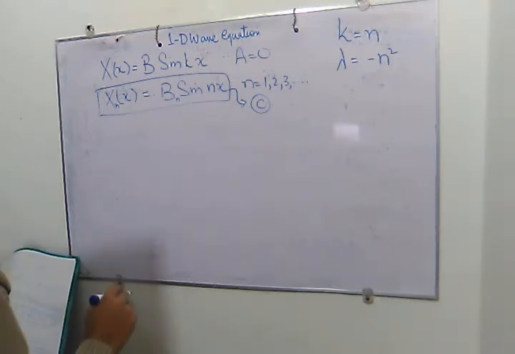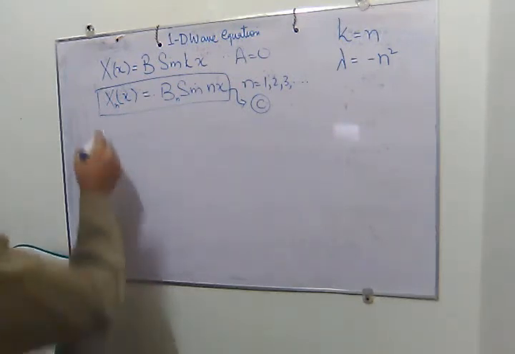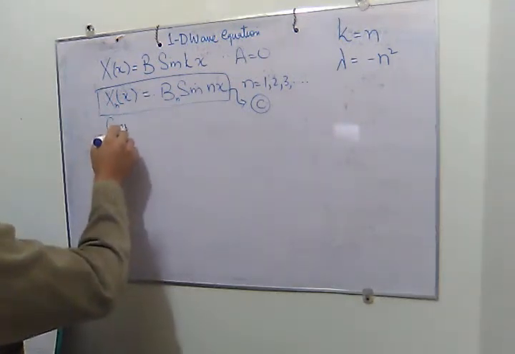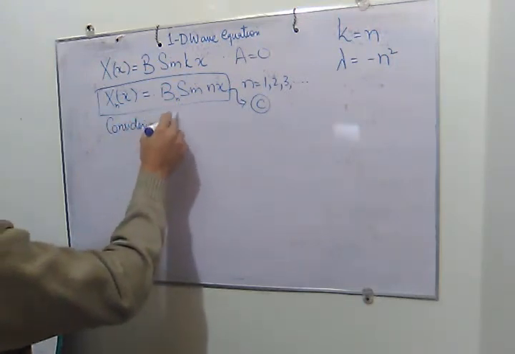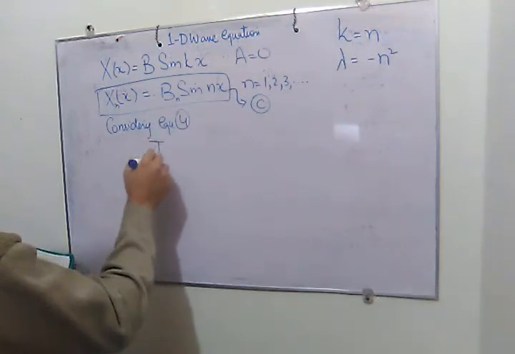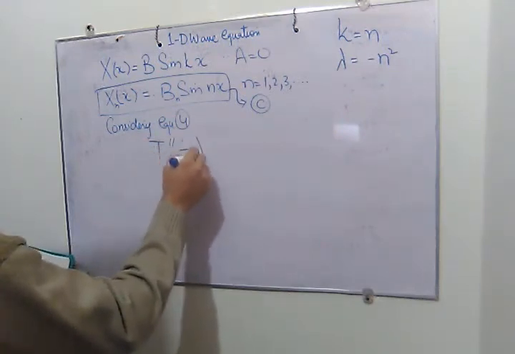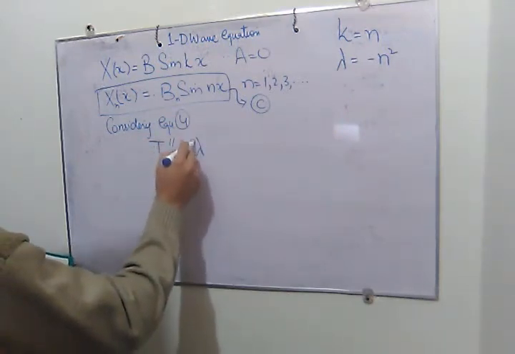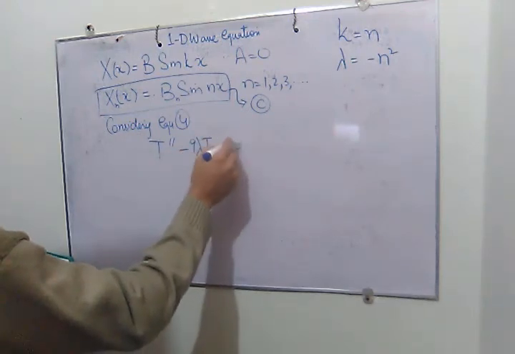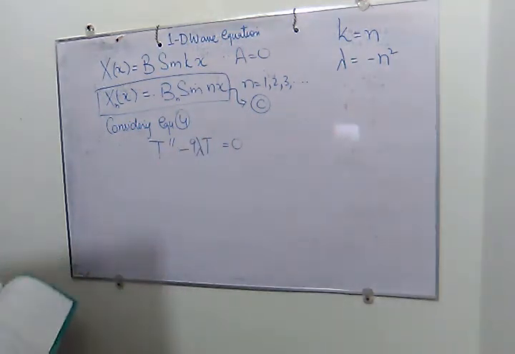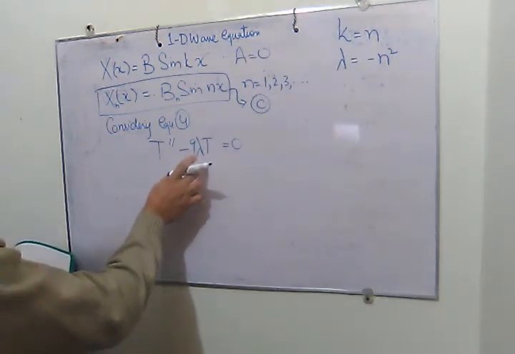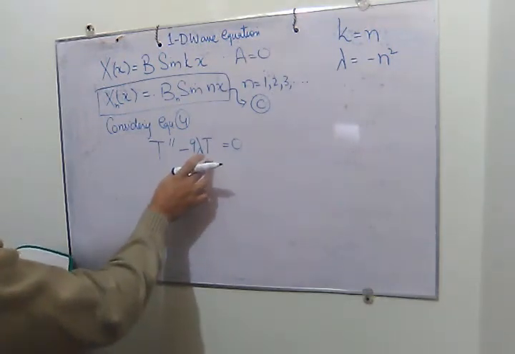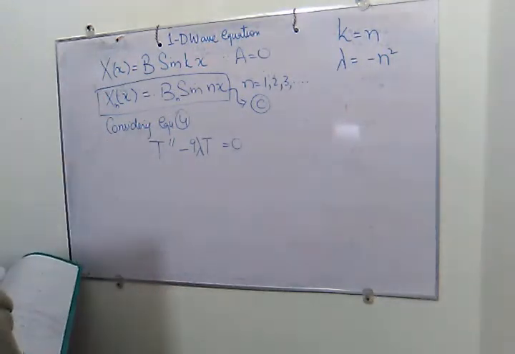Now we are going to find the solution for equation number 4. So considering equation number 4, which was t prime minus lambda t is equal to 0. In the case of the wave equation, this is no more but the second order homogeneous linear differential equation like the x one.